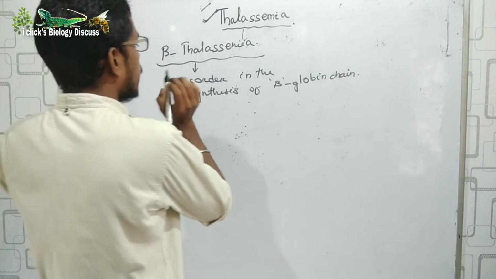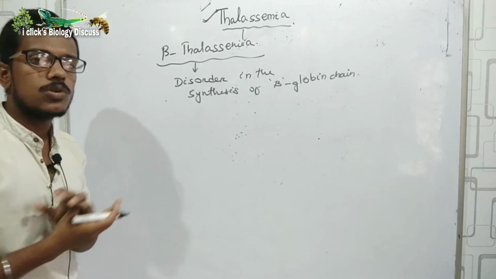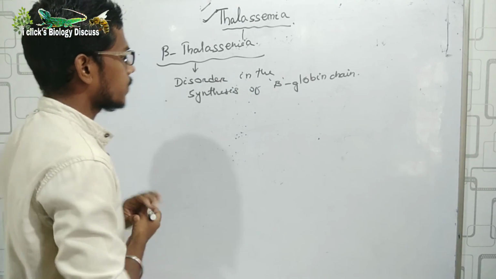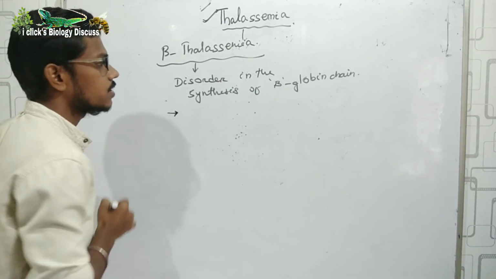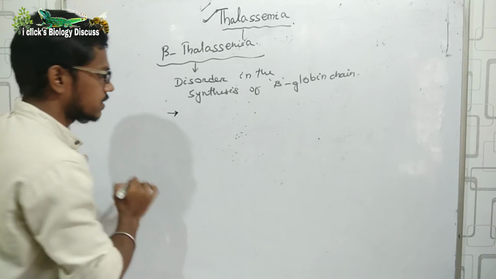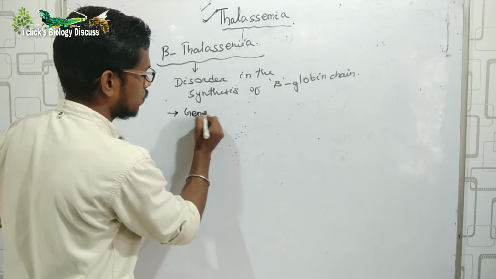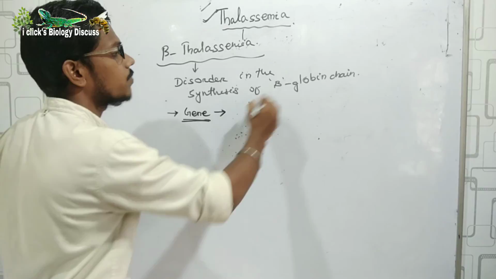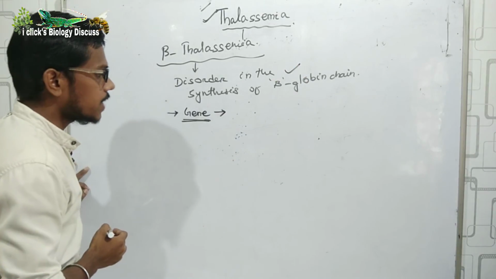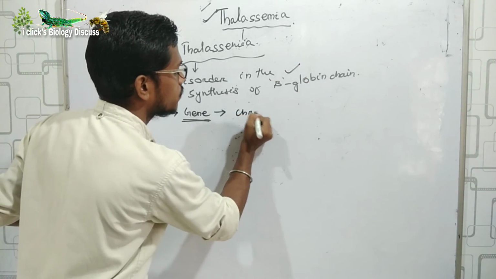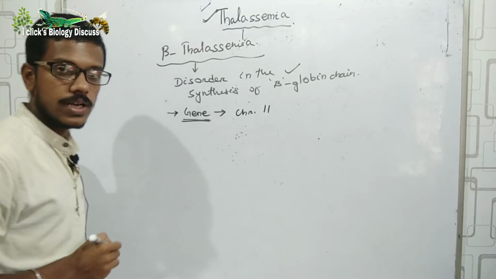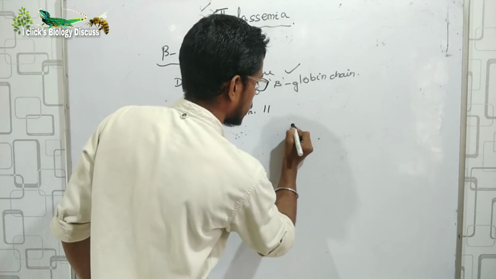If we look at the gene responsible for the synthesis of this beta globin chain, it is present in chromosome number 11. Suppose this is chromosome number 11.